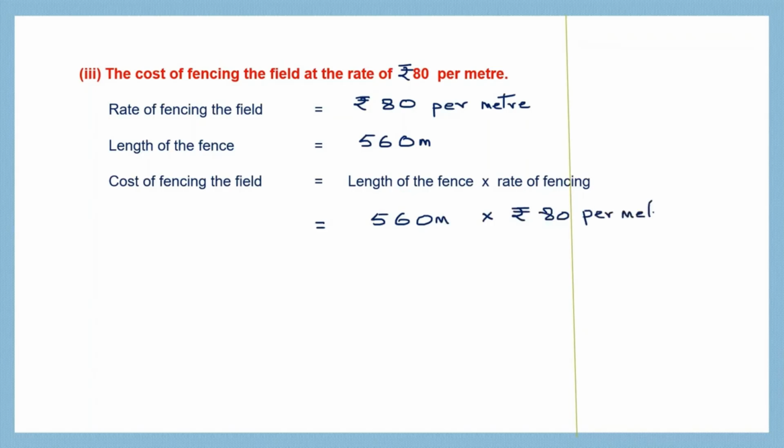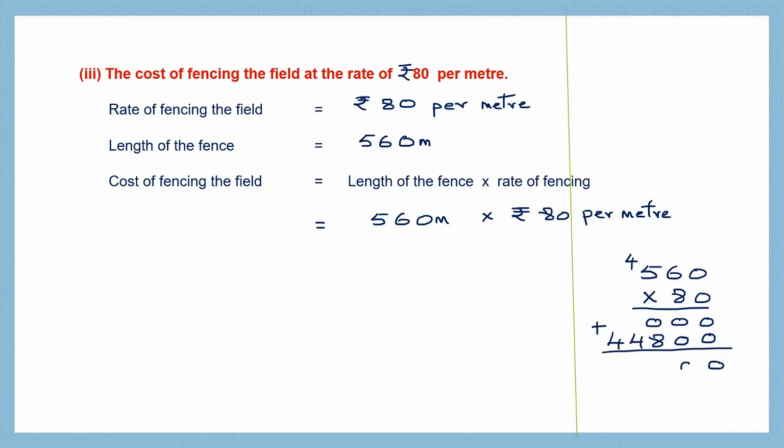So that means we need to multiply these two numbers. So let's multiply 560 into 80. So 0, 0 and 0. So we begin with a 0. Now 8 zeros are 0. 8 sixes are 48, carry 4. 8 fives are 40 plus 4, 44. Now add this up. 0, 0, 8, 4 and 4.